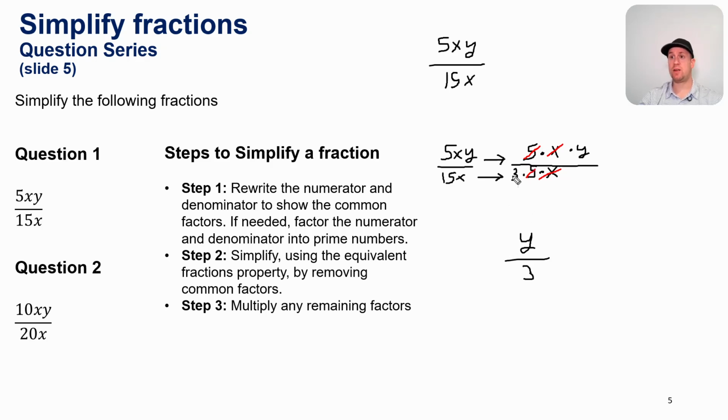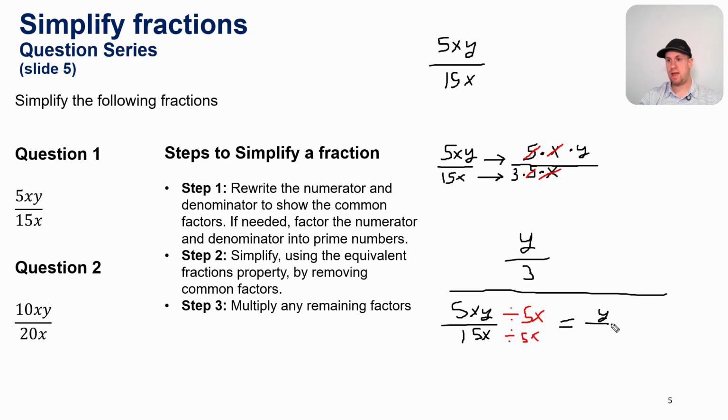So what we really divided by in both the numerator and the denominator is a factor of 5x. So the greatest common factor for this is 5x. Again, 5 times x, that's what we eliminated. So the y is now by itself, and 15 divided by 5 is 3, and then the x's eliminate, so we just have y over 3.